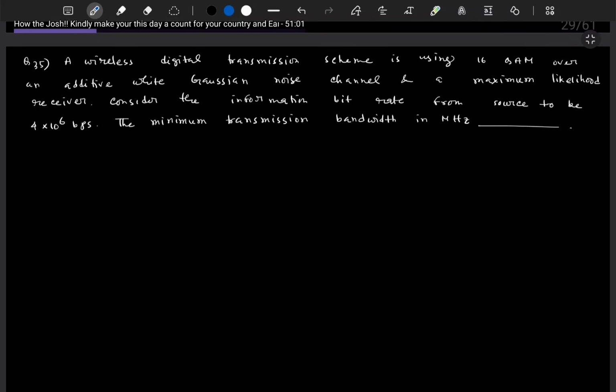So maximum likelihood means a receiver that chooses the most probable transmitted signal even with noise. Information bit rate is the number of bits sent per second. Okay, so it is a bandpass QAM signal.